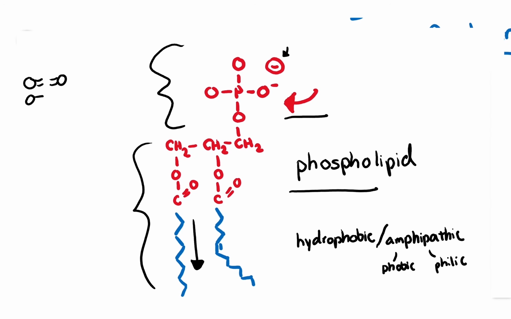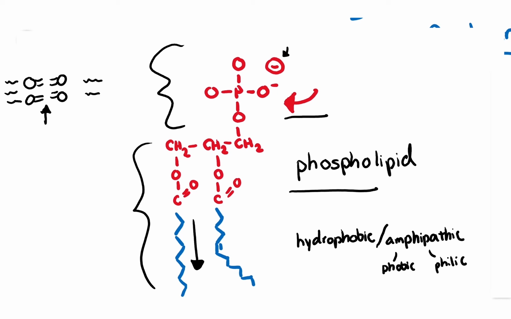The way this works is, inside the cell you have cytoplasm, which has an amount of water. And outside the cell you also have an environment that has an amount of water. While this hydrophobic area does not allow a flow between these two environments.